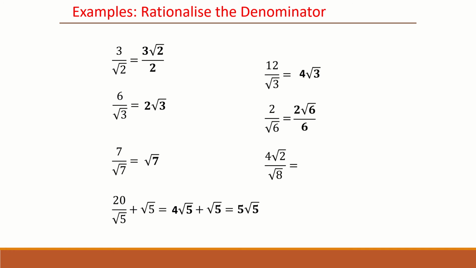The next question, you should get 2 root 6 over 6. Simplify it to get root 6 over 3. The last question, you could multiply the top and bottom by root 8, but if you notice that root 8 can be simplified even further into a surd of 2 root 2, you can simplify the fraction to get 2.